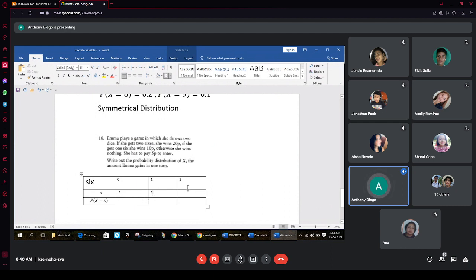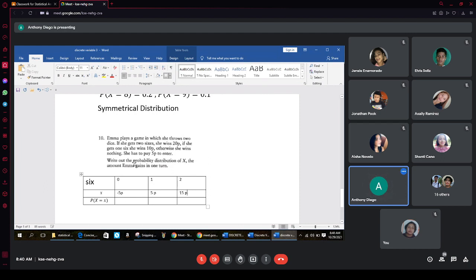And if the person gets 2 sixes, the person gains 20 pence, which means the person only gets a gain of 15 pence, because remember, the person needs to pay 5 pence in order to go in. So this could be 15p, with p for pence.